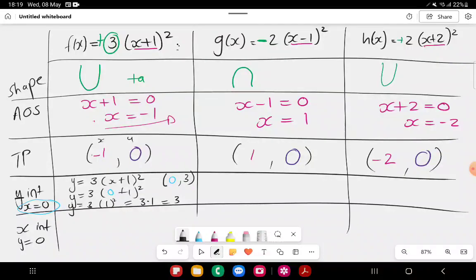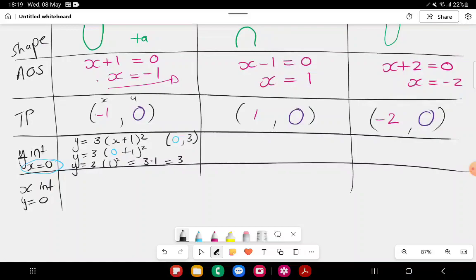So you use the original equation from the top, and for the y-intercept, you say x equals 0. For the x-intercept, you use the original equation, but now you say y is 0. So y is equal to 3(x plus 1) squared. Now we are saying y is 0, so 0 is equal to 3(x plus 1) squared. Divide by 3 on both sides, so 0 is equal to (x plus 1) squared.